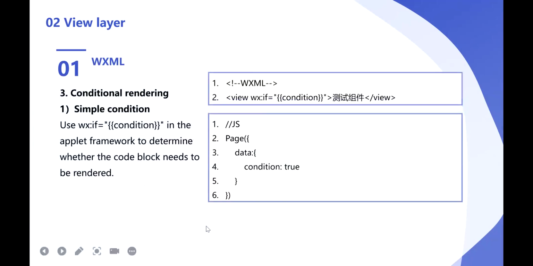And we have some conditional rendering. The first one is a simple condition. This we have already seen something similar, with this wx:if condition in the applet framework to determine whether a code block needs to be rendered or not.